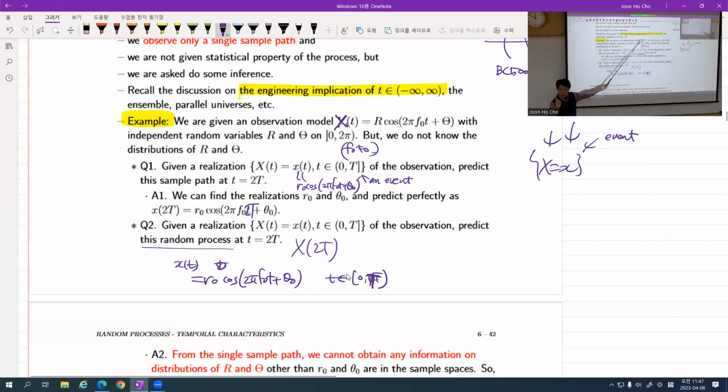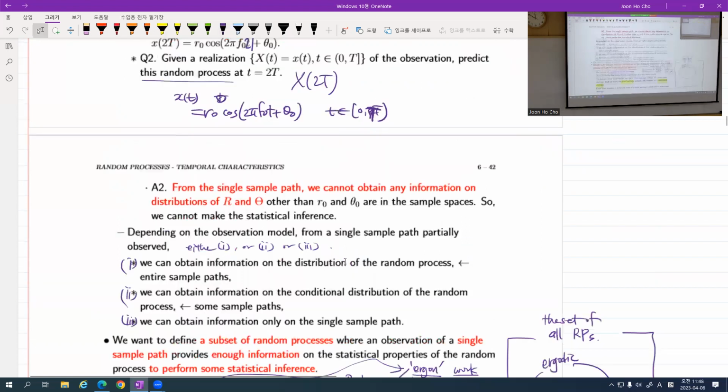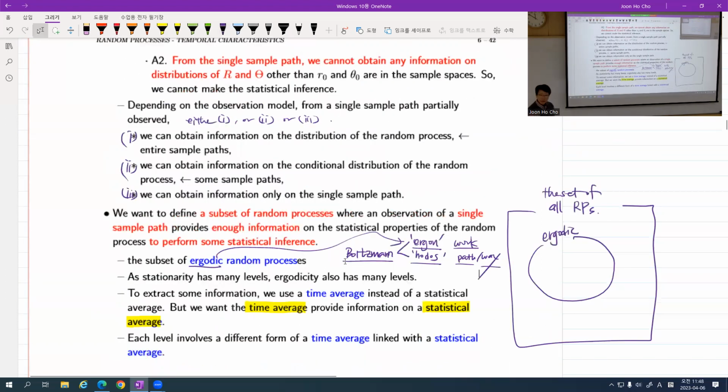From a single observation, or observation of two sample paths, can you do statistical inference? Still no, right? So definitely there are many random processes that are not ergodic at all. Then how do we know whether a random process is ergodic or not?